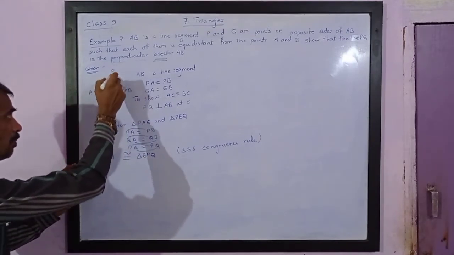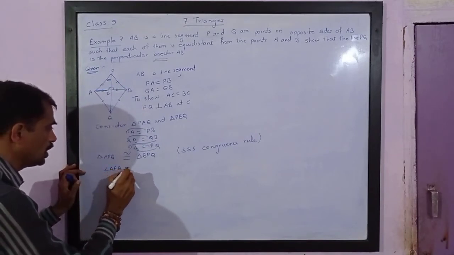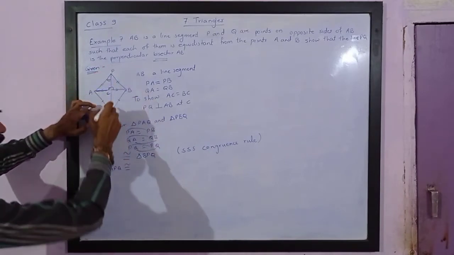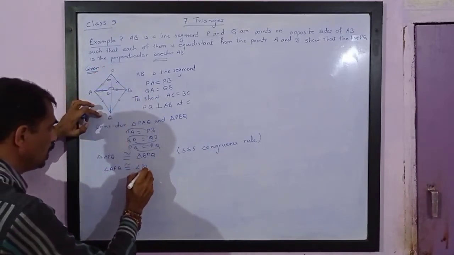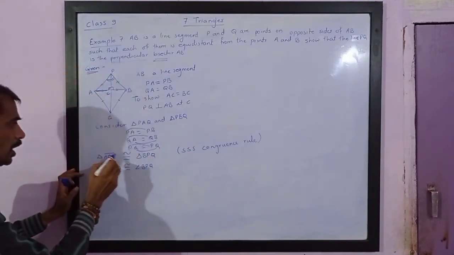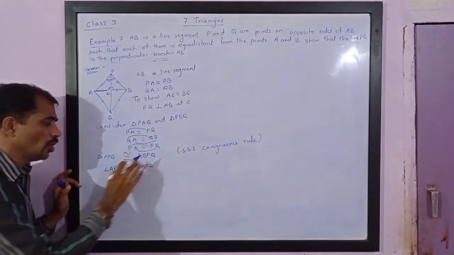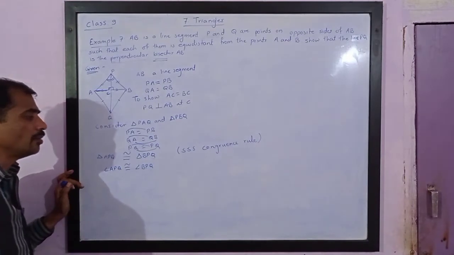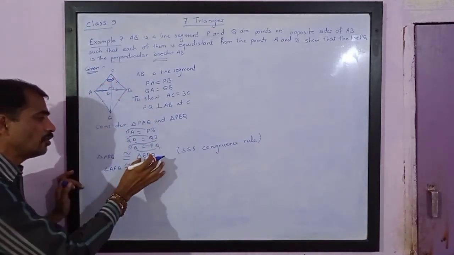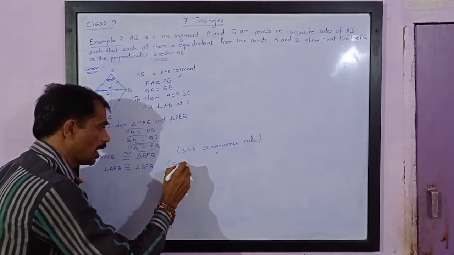It means angle APQ is congruent to angle BPQ. I have taken the same vertices in the same sequence. So I have got these two angles congruent. The reason is, if two triangles are congruent, their corresponding angles are congruent.